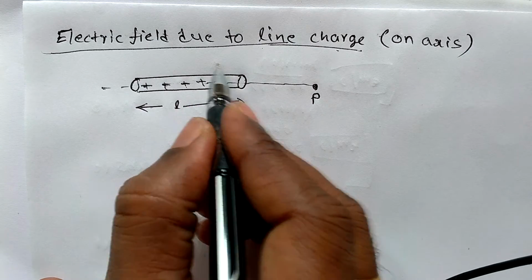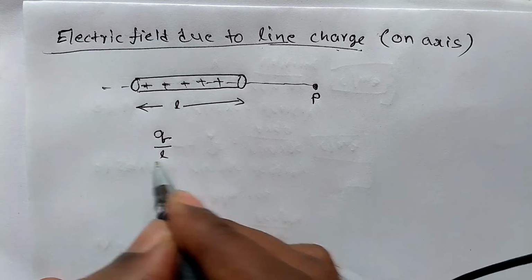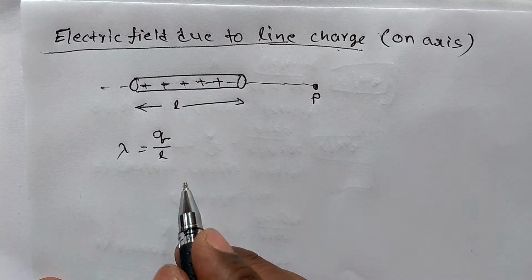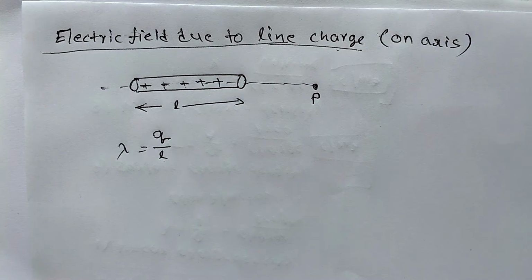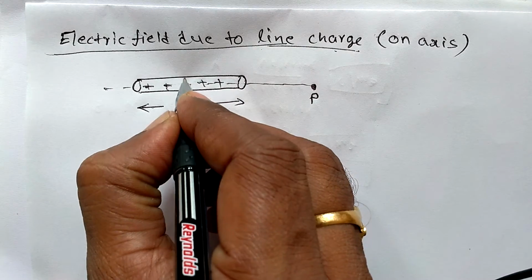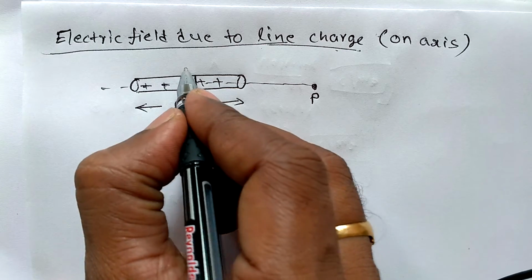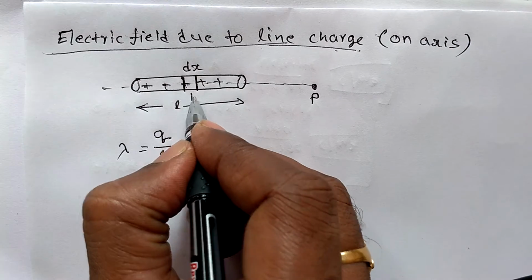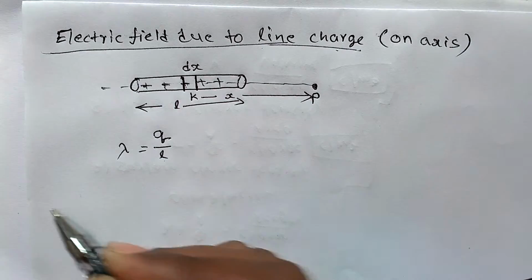The total charge on this wire I am considering as Q, and the total length of the wire is L. Then the charge per unit length, the linear charge density, is Q by L. Now the next step: divide this continuous charge into small elements, and I selected one of the elements here. This element length is, for example, dx. This element is at a distance x from the selected point.